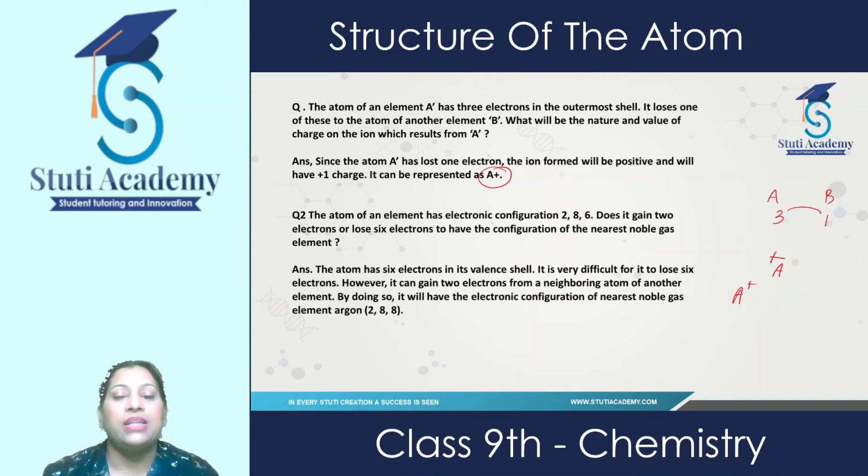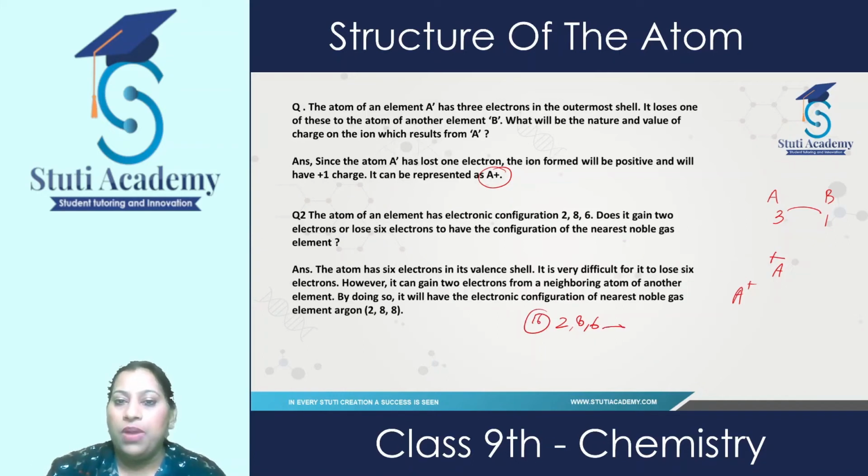It means it has 8 electrons in its outermost shell, and these gases are known as noble gases. If an element has configuration 2, 8, 6, its atomic number is 16.